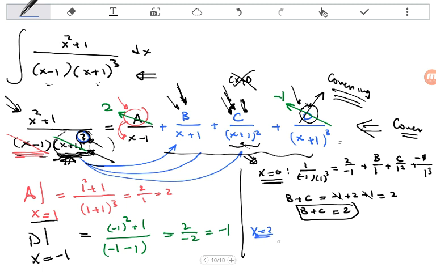So now I have 5, which is 4 plus 1, over 2 minus 1 is 1, 2 plus 1 is 3 cubed, equal to 2 over 2 minus 1 is 1, plus b over 3 plus c over 3 squared plus d, which is -1 over 3 cubed.